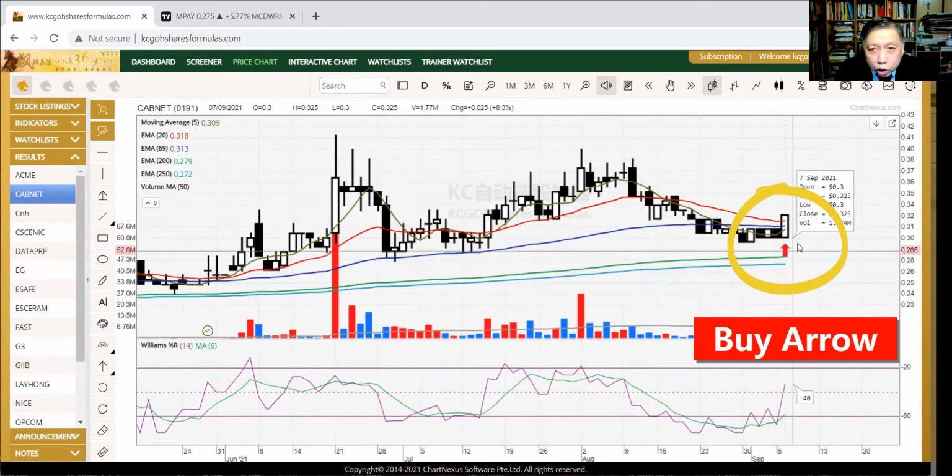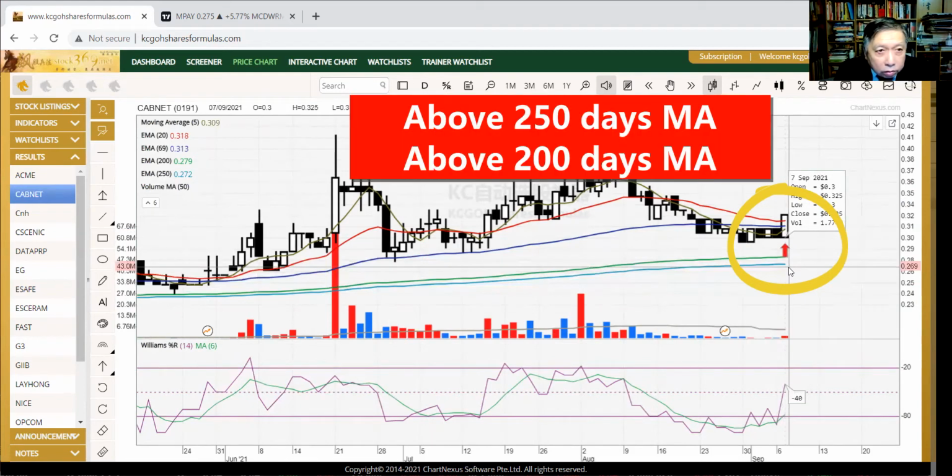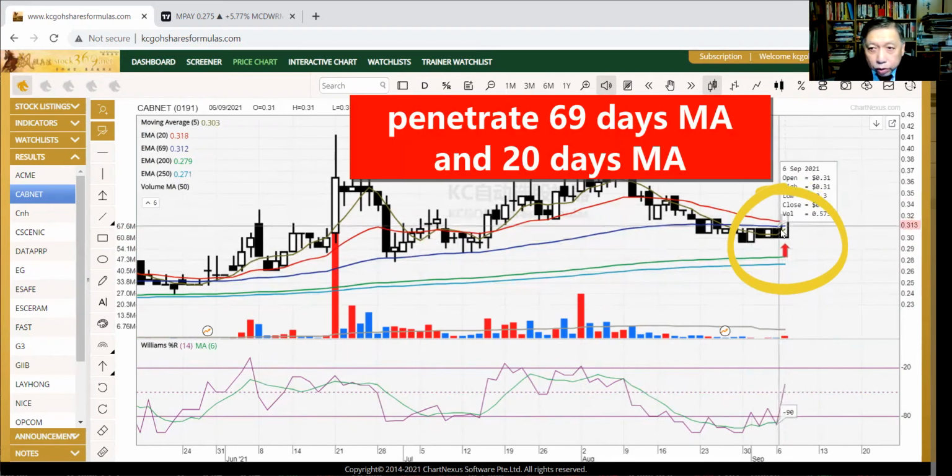It is trading above the 250-day moving average line and also the 200-day moving average line, and it has actually penetrated through the 60-day moving average line and also the 20-day moving average line.